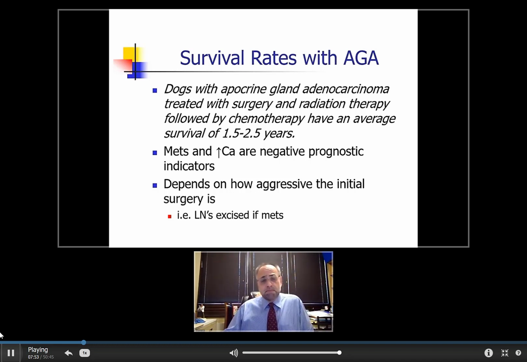We also get more aggressive, and so when we do have lymph nodes that have evidence of metastasis, we do surgically go in after those more aggressively than I think we used to. However, if they do have metastases and they do have elevated calcium with these paraneoplastic signs and with metastasis, those are negative prognostic indicators, and so they may lower the survival rates in some of these patients.